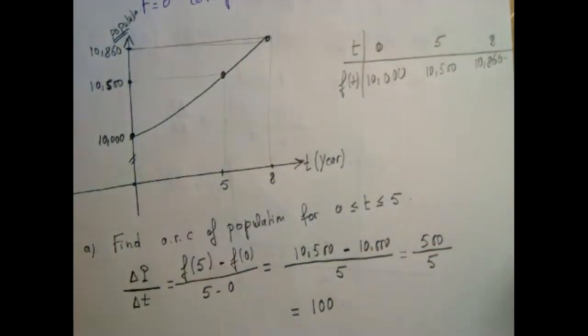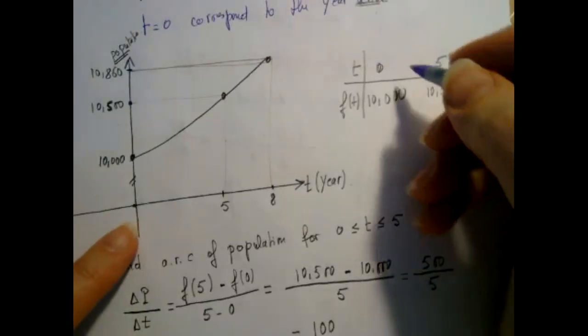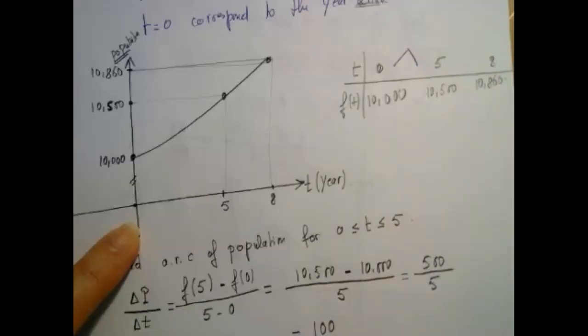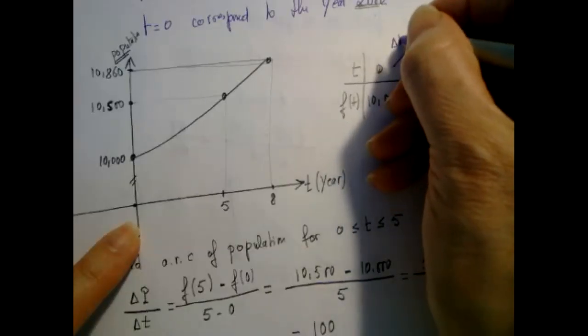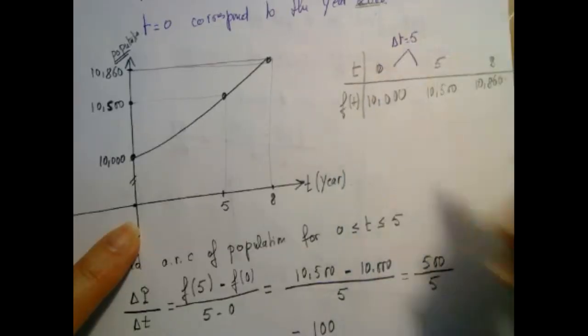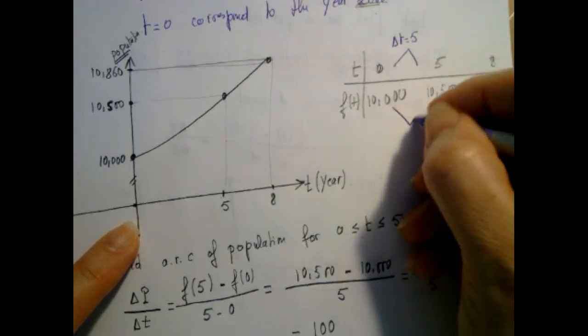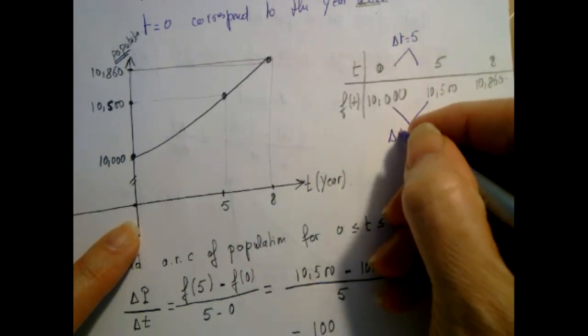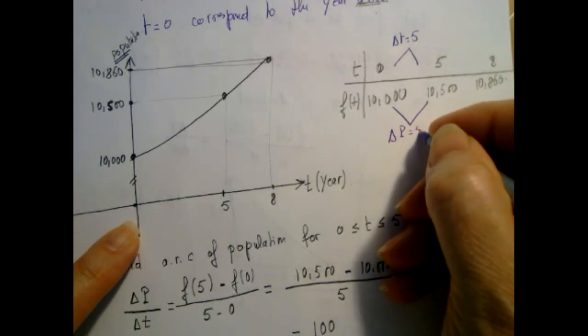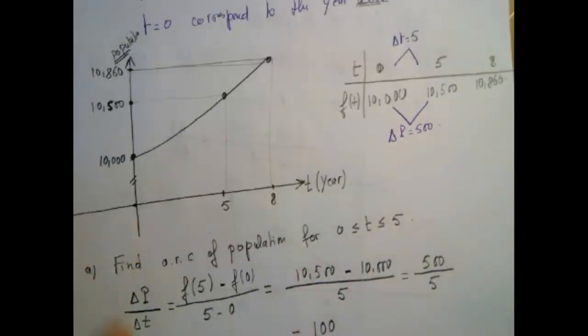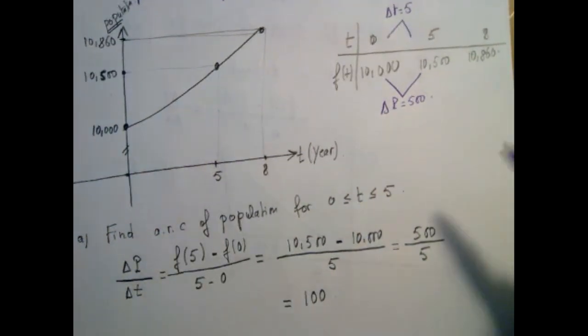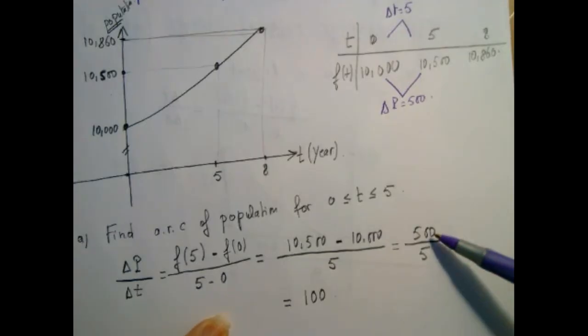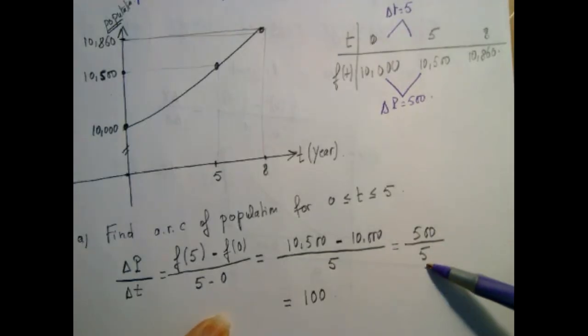So the population, let me go back here. Between 0 and 5, the population changed by 500. So it took 5 years to change by 500. When I'm dividing 500 by 5, getting 100, who can explain to me what this 100 is?